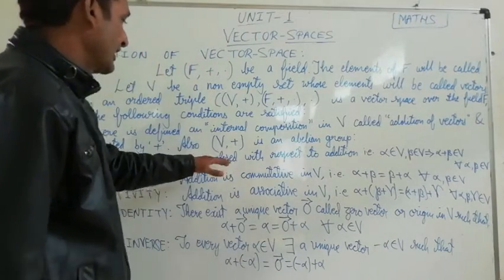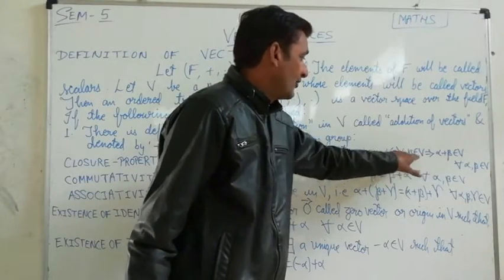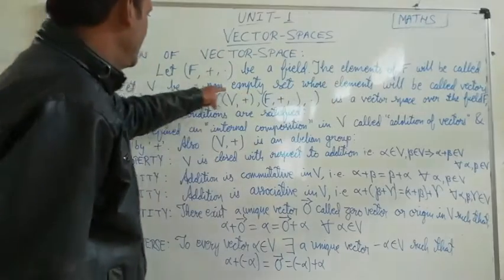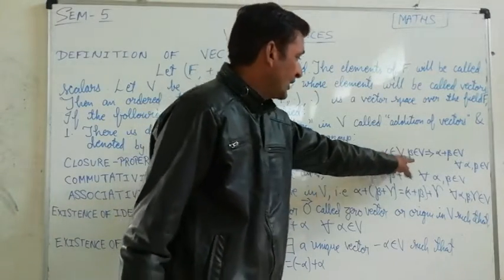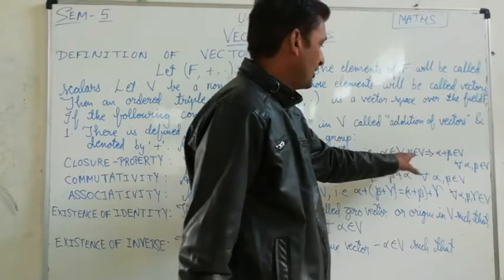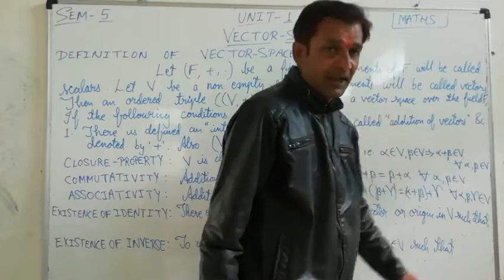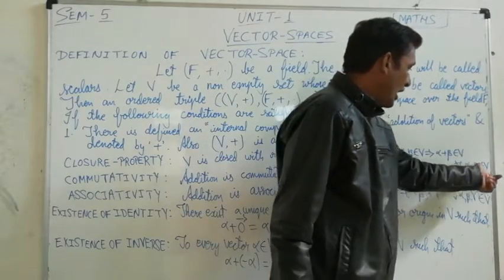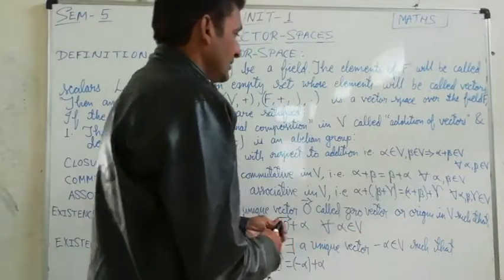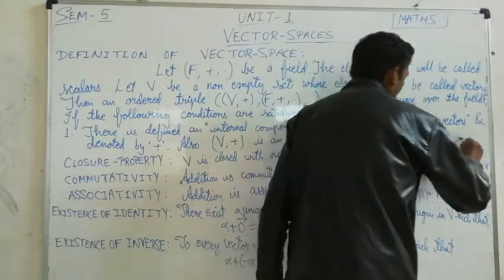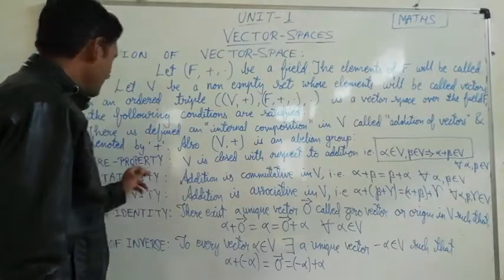Means if we take two elements from V, which is a non-empty set whose elements are vectors, say alpha is an element of V and beta is an element of V, it implies that alpha plus beta is also an element of V for all alpha, beta in V. This particular property is known as the closure property.